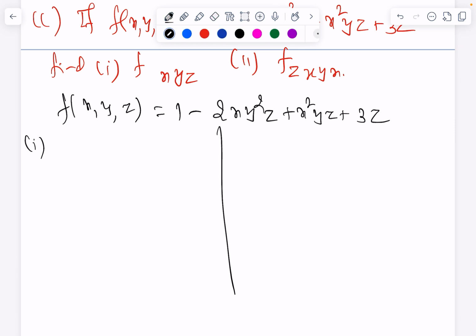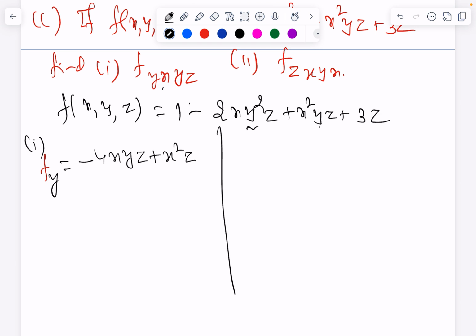So first f_y. So let us find f_y. That means derivative with respect to y. So here y square is there. So that is minus 2 and 2, 4 x y z plus x square z. That is derivative with respect to y.